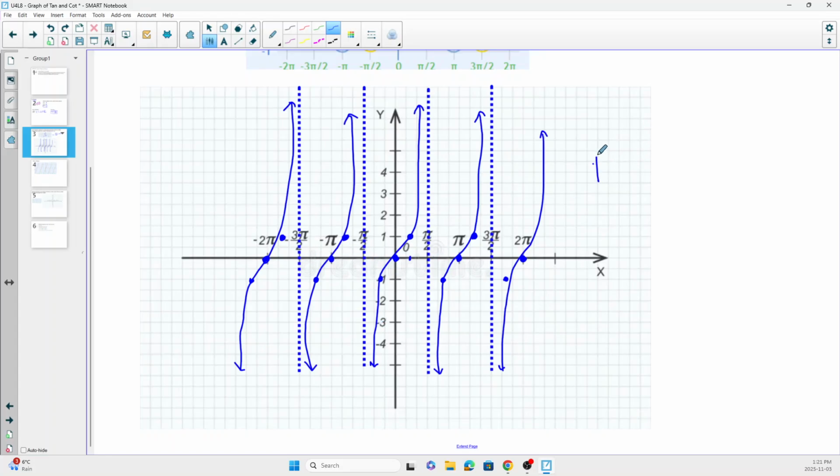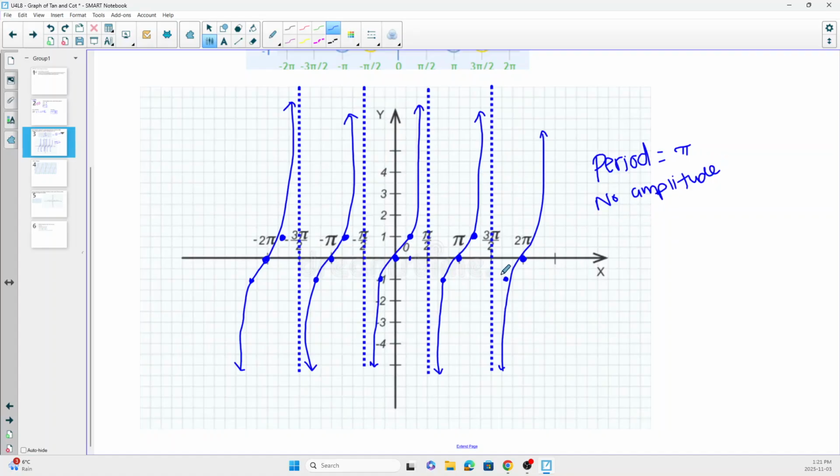The period of tan is not 2 pi. It is repeating every pi, right? As we go up by 1 pi, go up by 1 pi, go up by 1 pi. So the period of tan is actually pi, not 2 pi. And because it's not sinusoidal, it has no amplitude, because it doesn't have a max or a min.